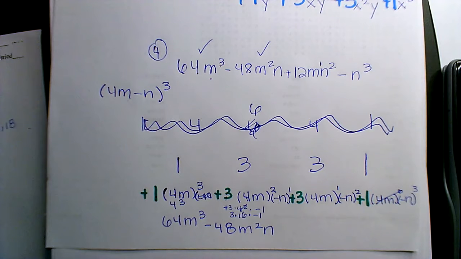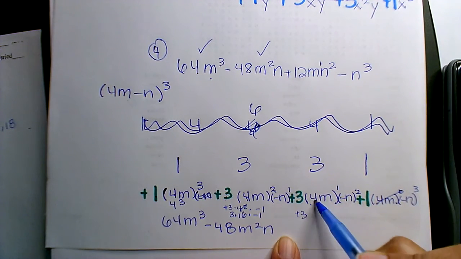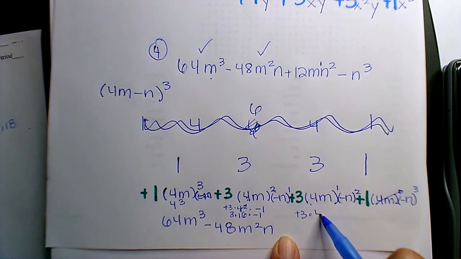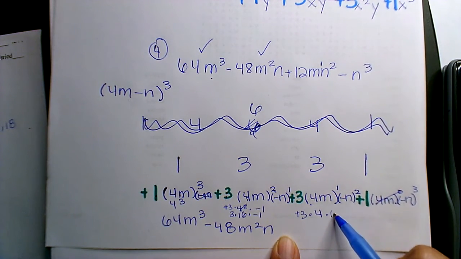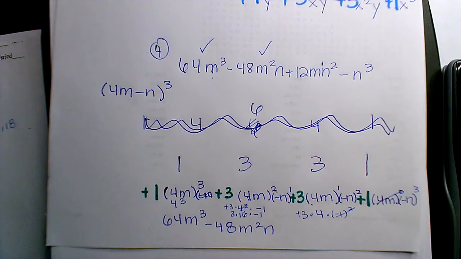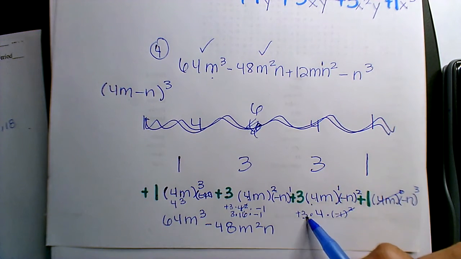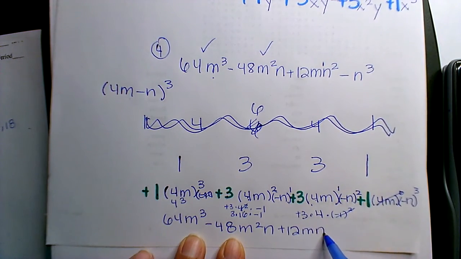So far Papa's doing it correctly. What's the next one? You have a 3, you have 4 to the first power, which is 4, and you have negative 1 squared. Negative 1 squared is just positive 1, right? So what's 3 times 4? 12mn squared.